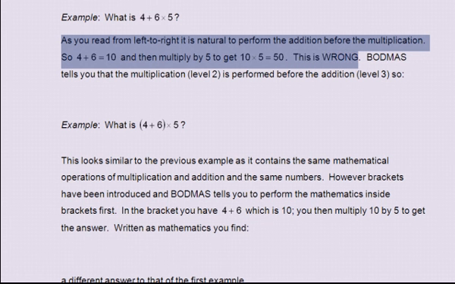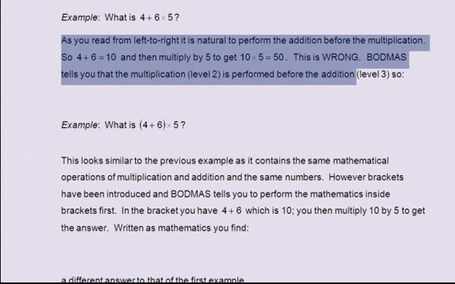This is wrong. BODMAS tells you that the multiplication, level 2, is performed before the addition, which is level 3. So, 4 plus 6 multiplied by 5 equals 4 plus 30, as 6 times 5 is 30, which equals 34.